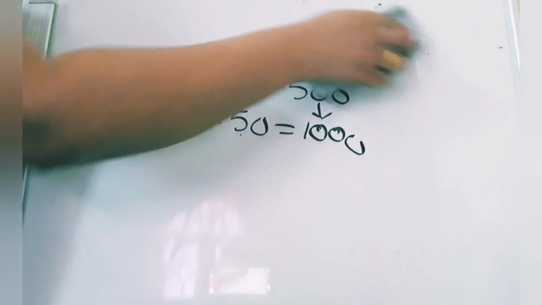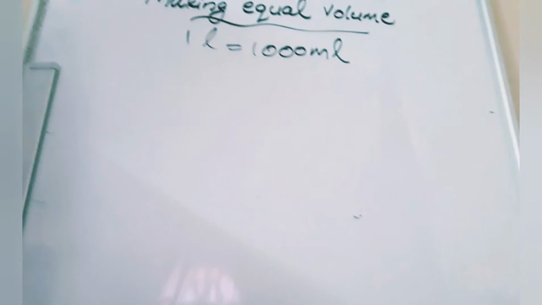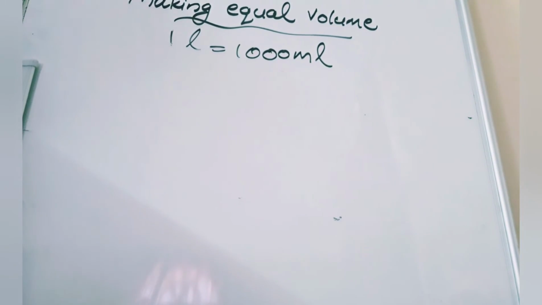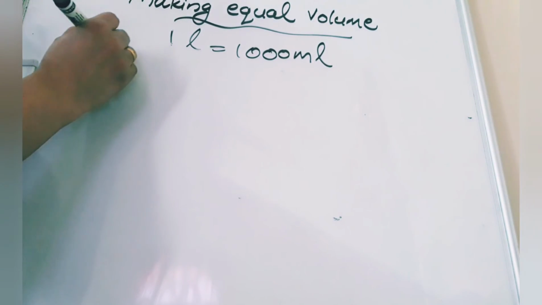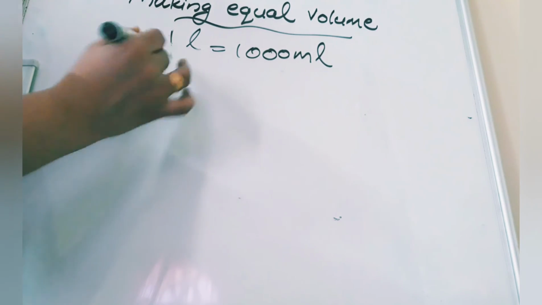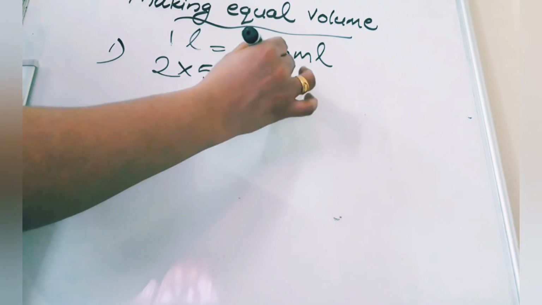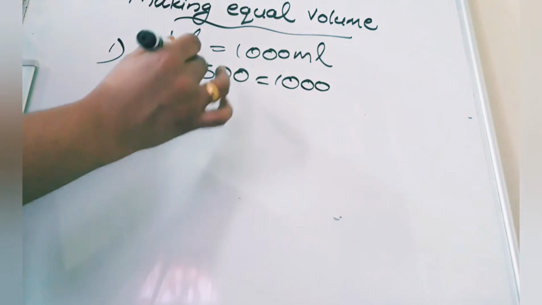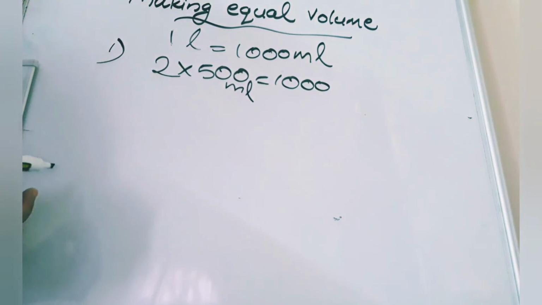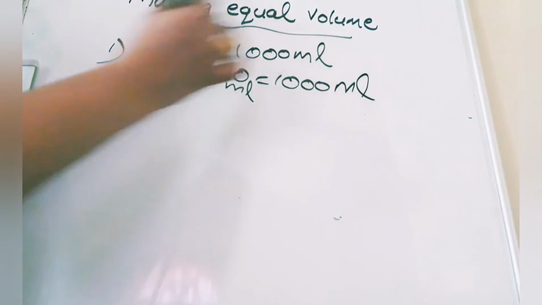Okay. So this you have to keep in mind because this is general maths. This will be helpful in your real life also. So this one you have to keep in your mind. First one we have learned 2 times 500. Okay, 2 into 500 is equal to 1000. 2 times 500 ml is equal to 1000 ml.